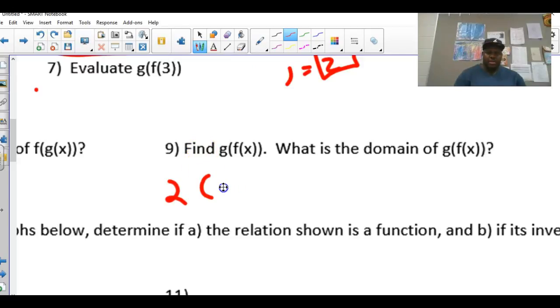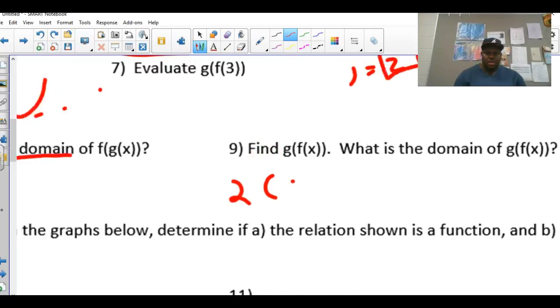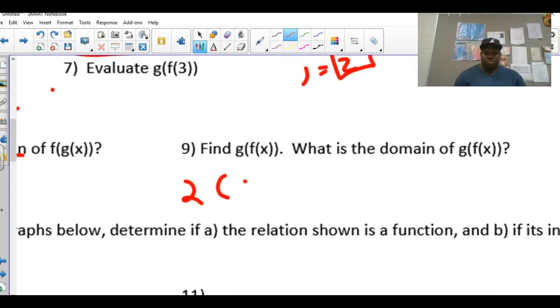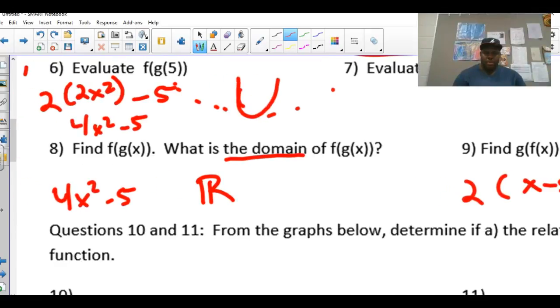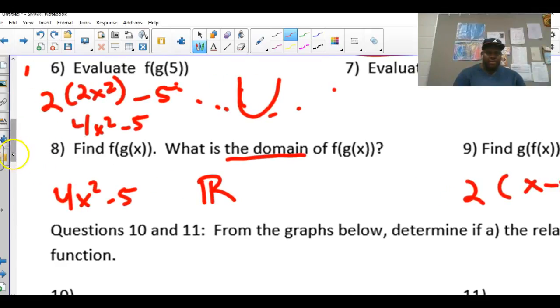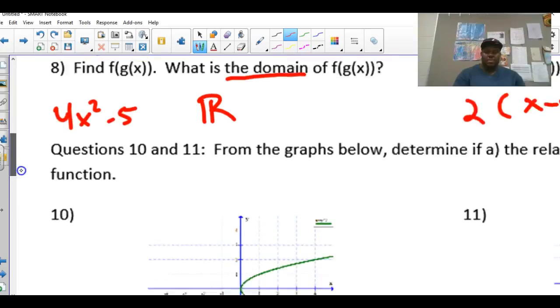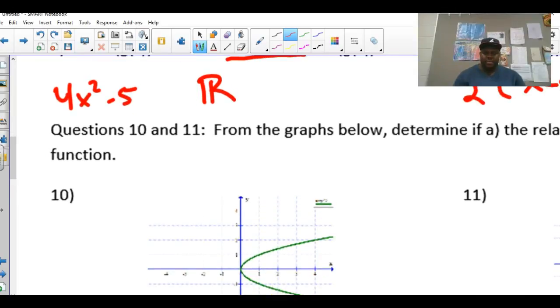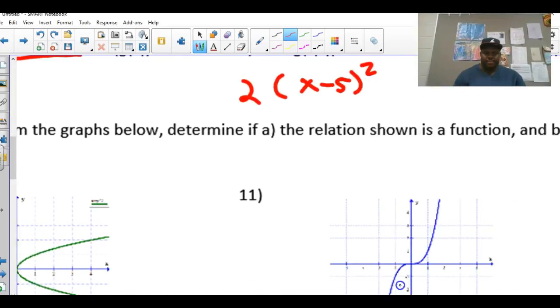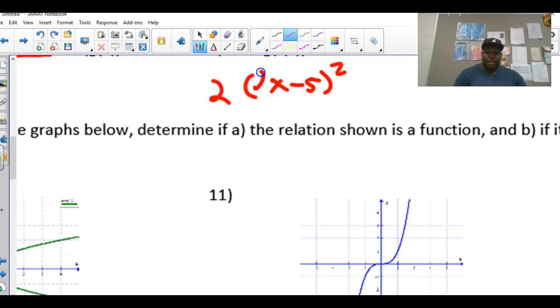So it will look like this. I'm sorry, I forgot what the function was. Yeah, 2x minus 5. Sorry, I put x minus 5. So let me go back. There we go, 2x minus 5 goes in place of that.